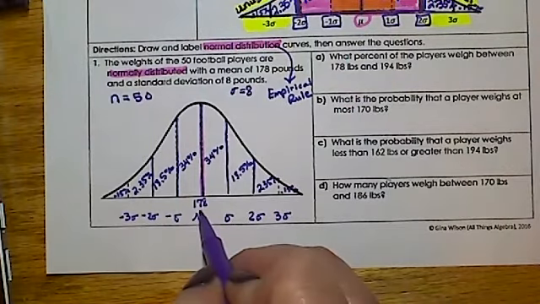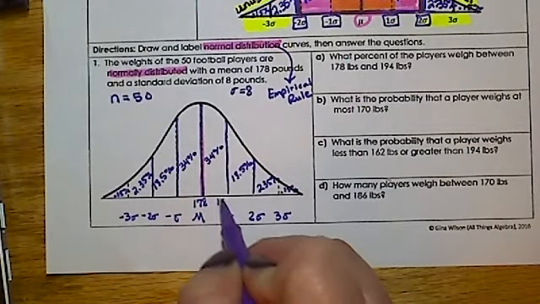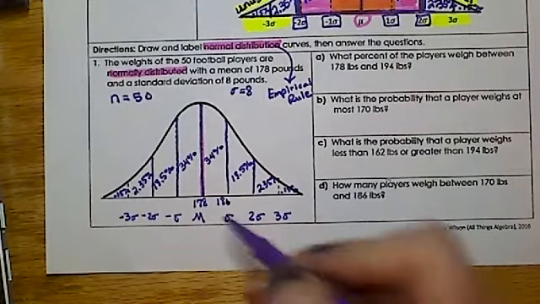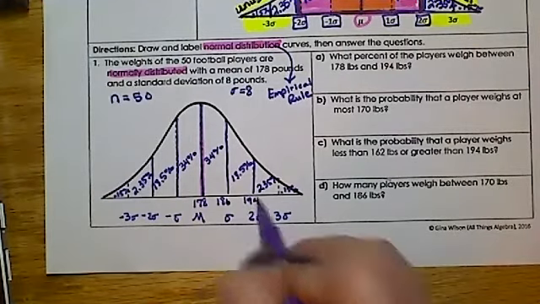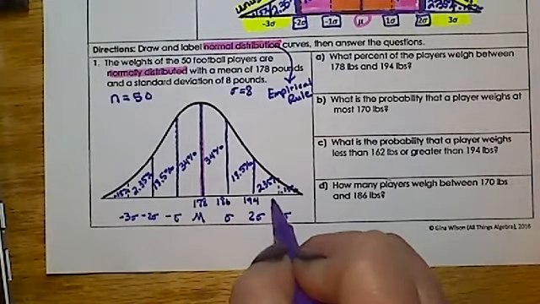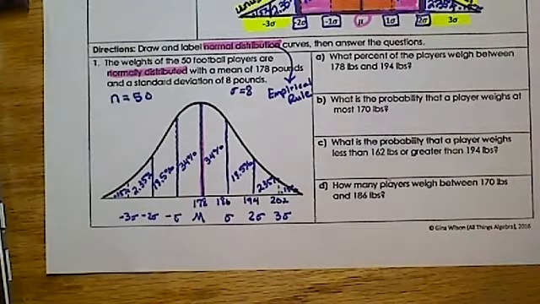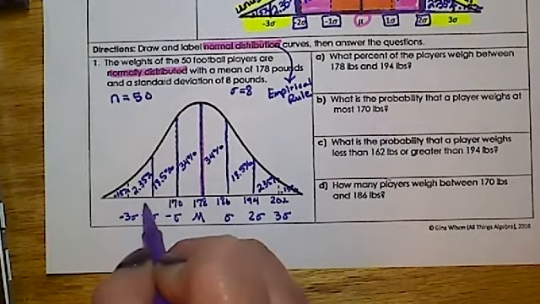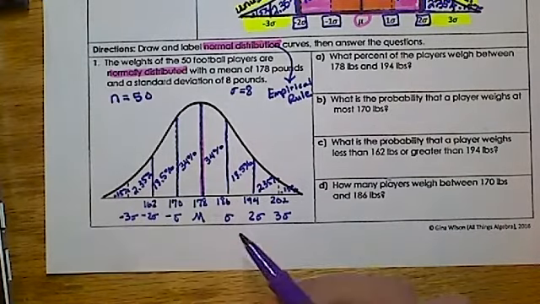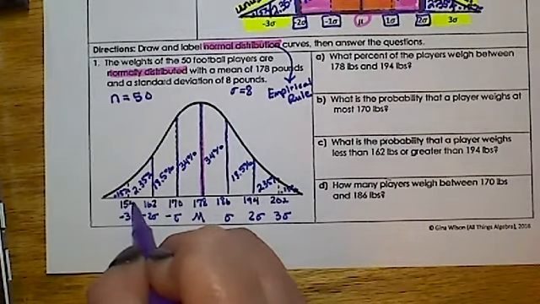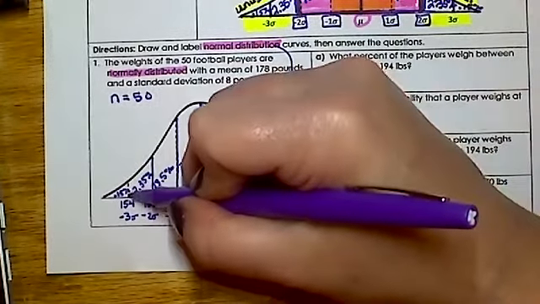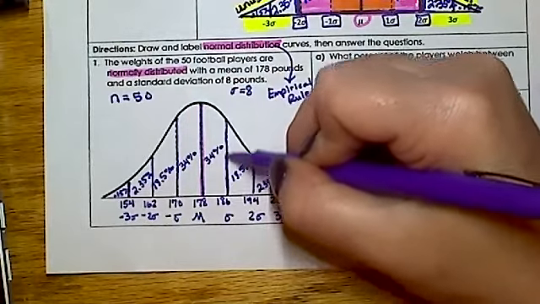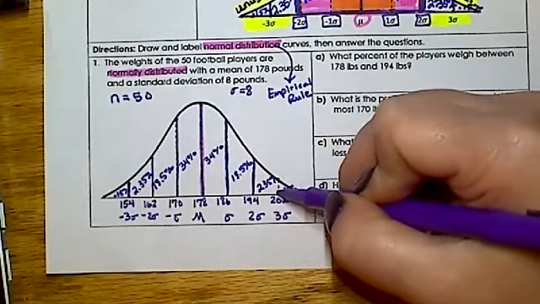So I would go 178 plus 8, 186 plus 8, 194 plus 8. And then I would go to the left and subtract: 170, 162, and 154. Now you might want to draw those lines with those numbers where you know where that number is located.